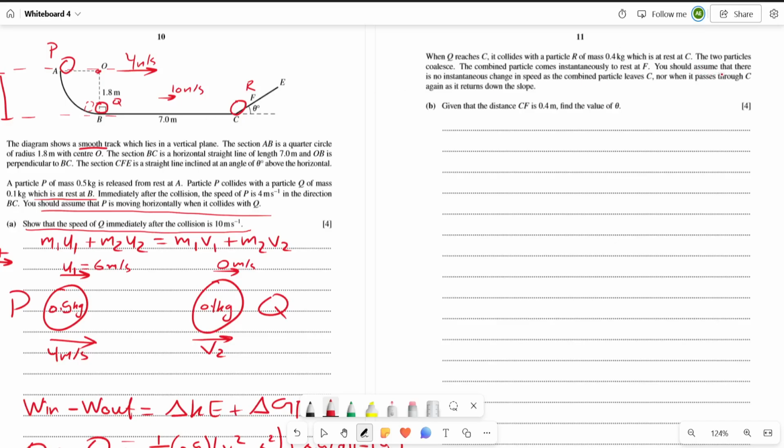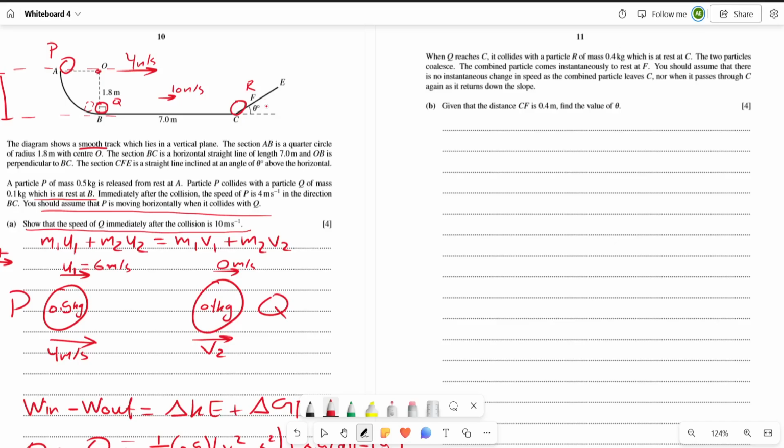You should assume that there is no instantaneous change in speed as the combined particle leaves C. So the speed it was moving with at C is going to continue up the plane, and the same speed applies when it passes through C again as it returns down.